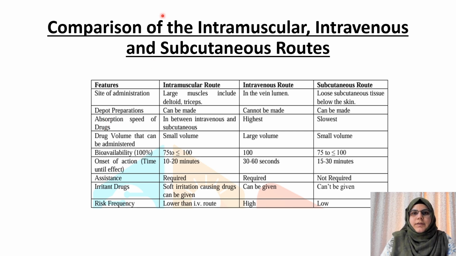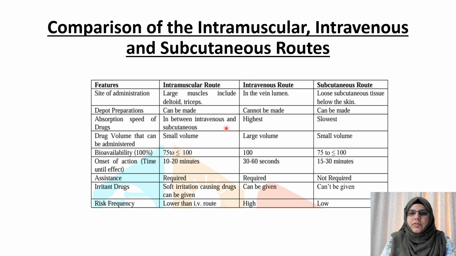Depot preparations. What are depot preparations? Intramuscular depot preparations can be made, intravenous cannot be made, and subcutaneous can be made. Absorption speed of the drug, like how much time each of them takes to get absorbed into the body.